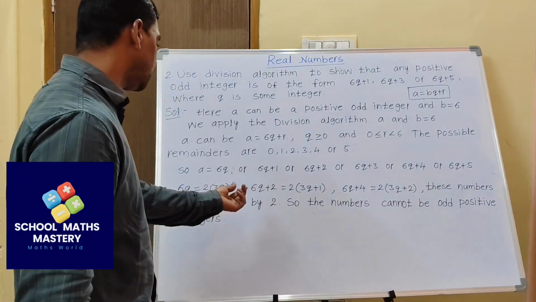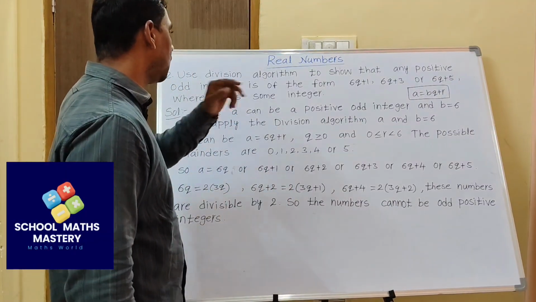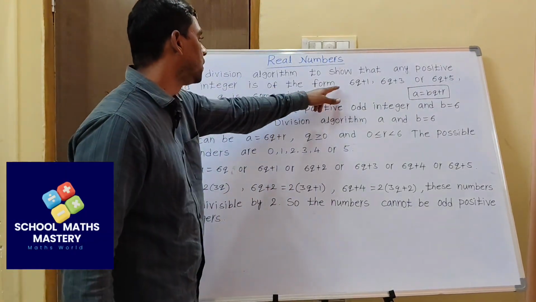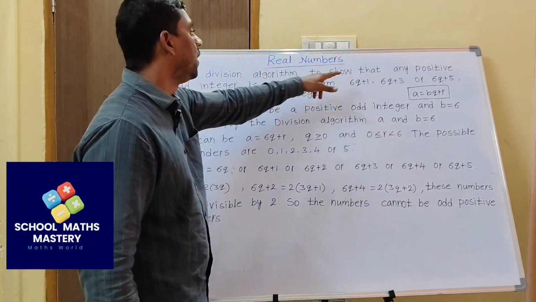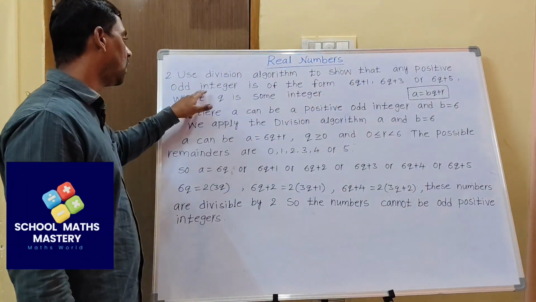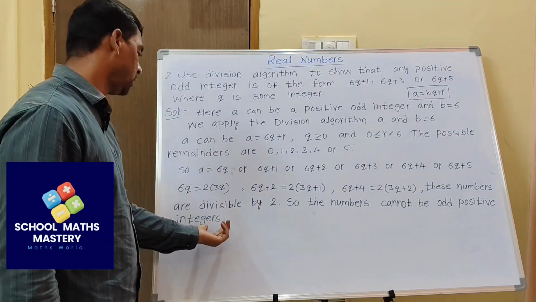Look here, these are even numbers. Our question is about the form 6q plus 1, 6q plus 3 or 6q plus 5, any positive odd integer. These are even numbers, so these cannot be odd positive integers.